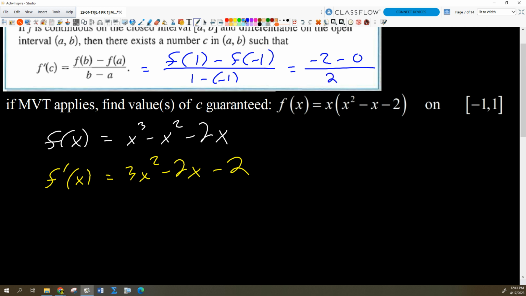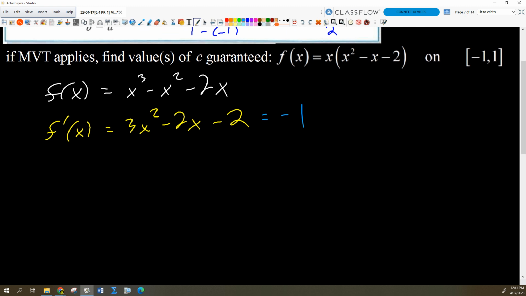My average rate of change is just negative 1. So what do I do then? I've just got to set my derivative equal to my average rate of change and find out where that happens. I would just solve that equation. No big deal, just a simple quadratic equation. So I would get 3x squared minus 2x minus 1 equals 0.